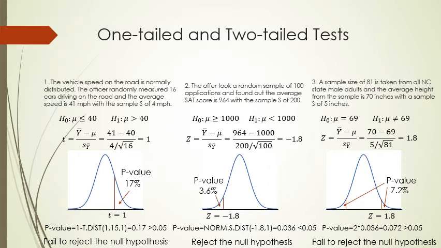The third example is the male adult height in North Carolina state. The average male adult height in the US is 69 inches. Thus, the null hypothesis is mu is equal to 69, and H1 is mu is not equal to 69.